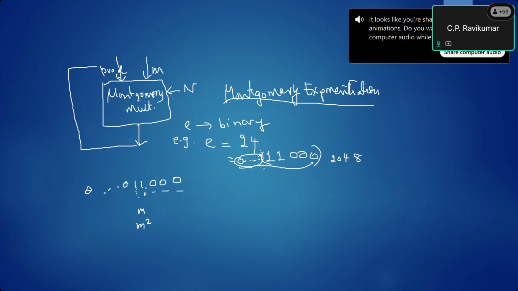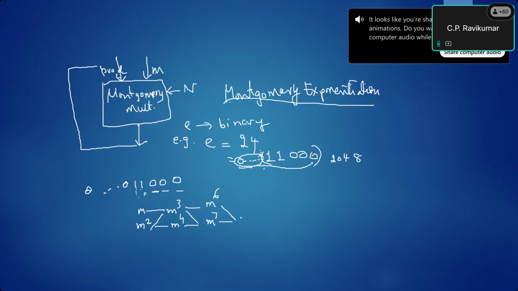Then when I see a 1, I multiply these two and get m cube, and I square m square and get m power 4. Then when I see a 0, I multiply these two, and all these multiplications are modulo. And I square this. Then again another 0.